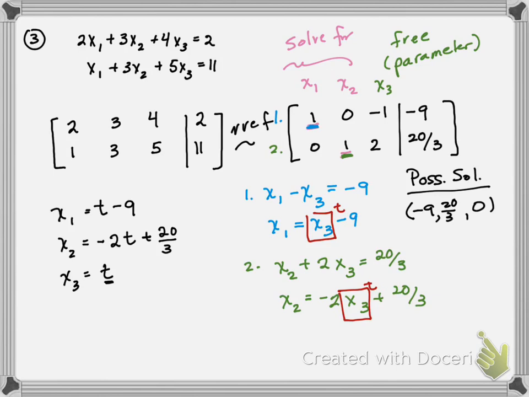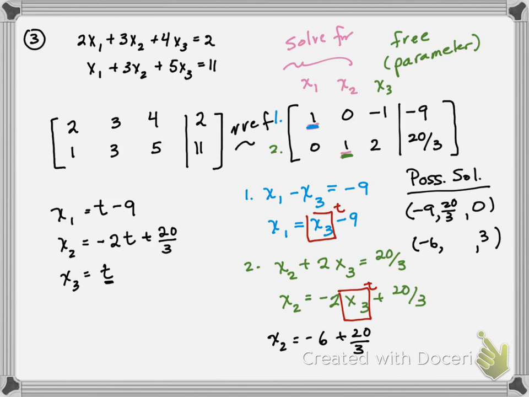What about another possible solution? Let's choose t to be 3. So what would be x1? It will be 3 minus 9, which is minus 6. What about x2? X2 in this case will be negative 2 times 3, which is negative 6, plus 20/3.